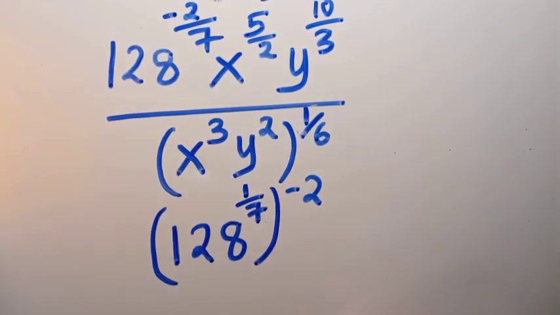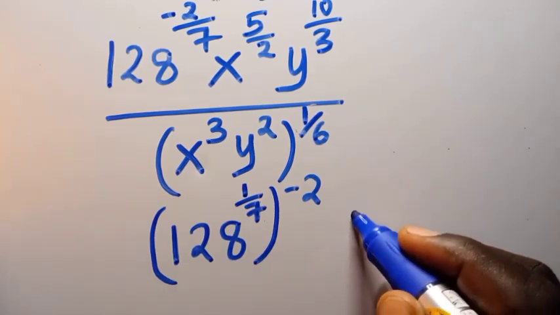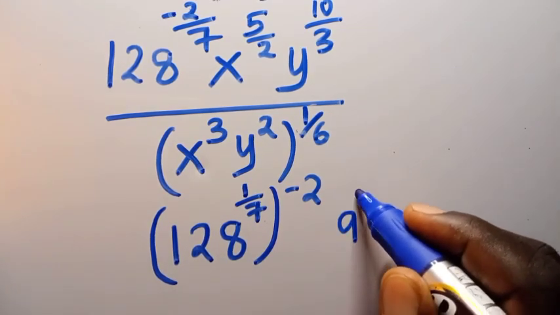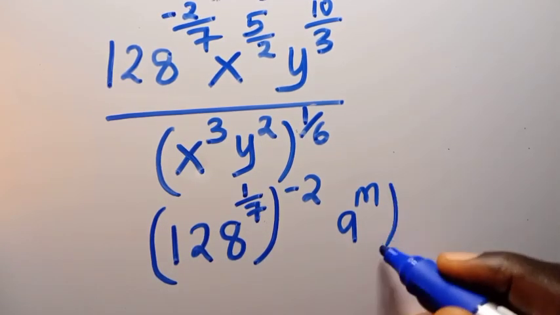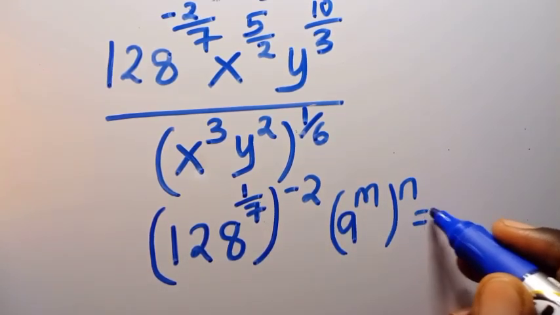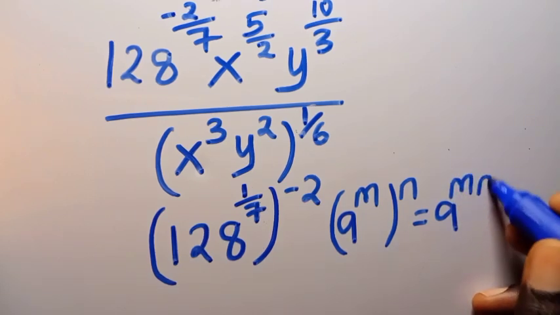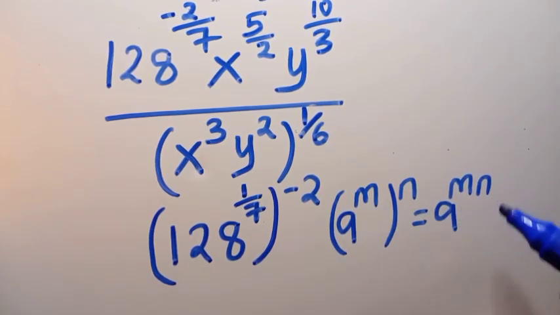Remember from the laws of indices, this law that says a raised to m, then close the bracket, raised to n is just the same as a raised to mn. That is, you multiply the powers.